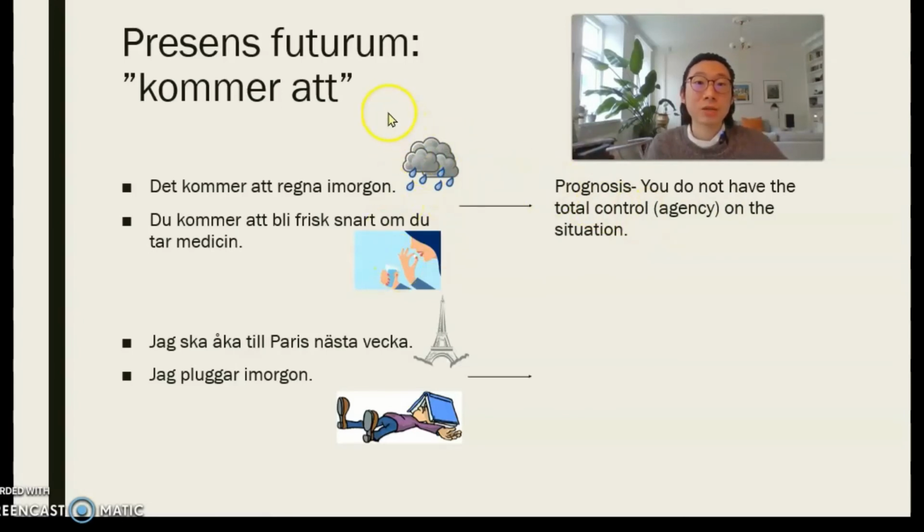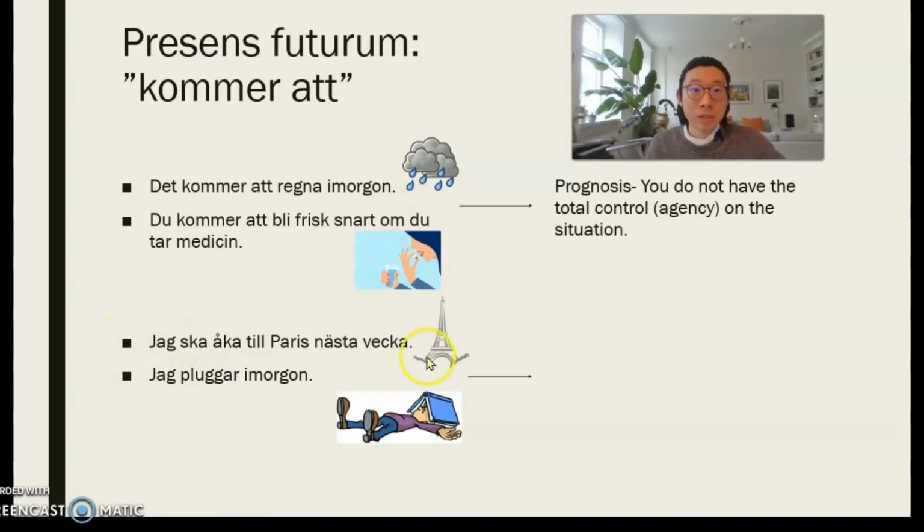For example, you cannot dictate when the rain should stop. You cannot change the plan for the rain. You cannot really dictate when the patient would be healthy again. So in those cases, you would use "kommer att" in Swedish.